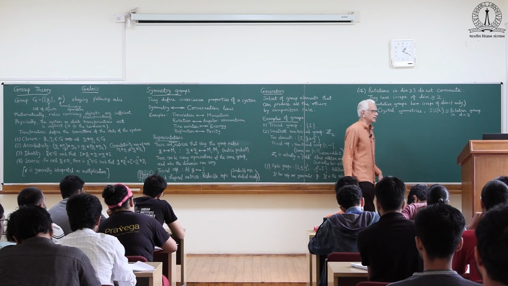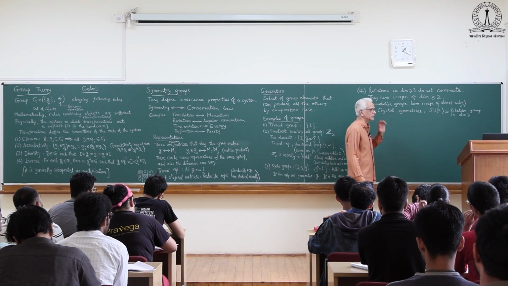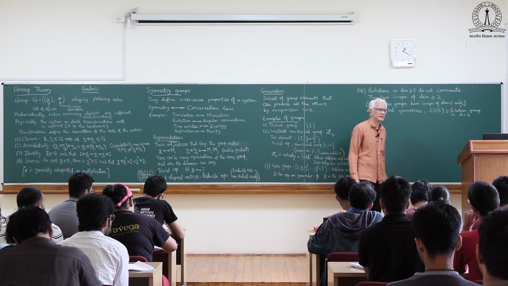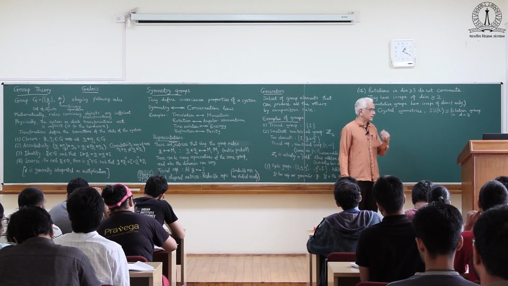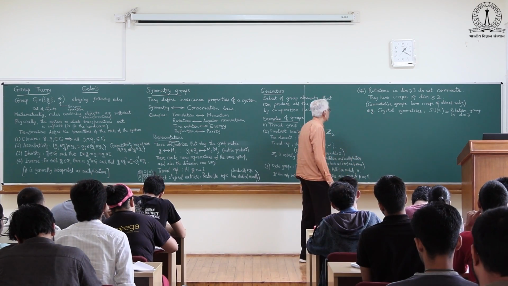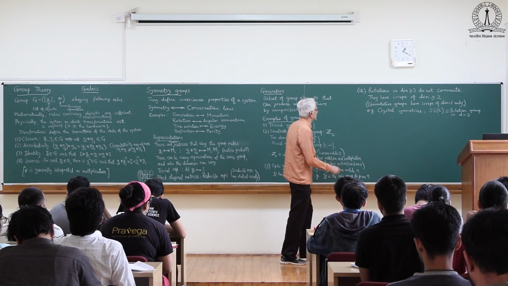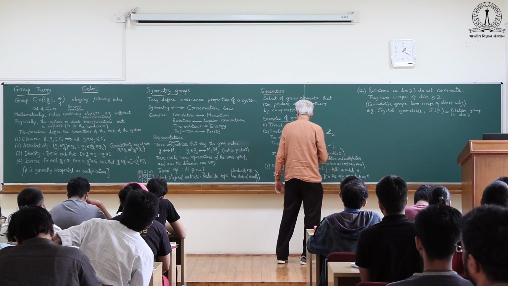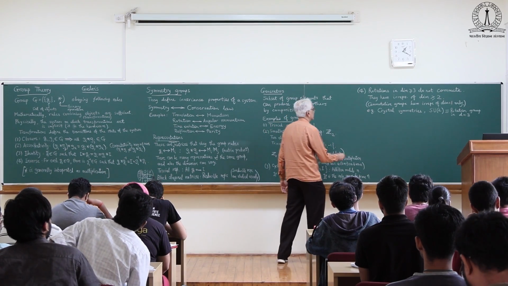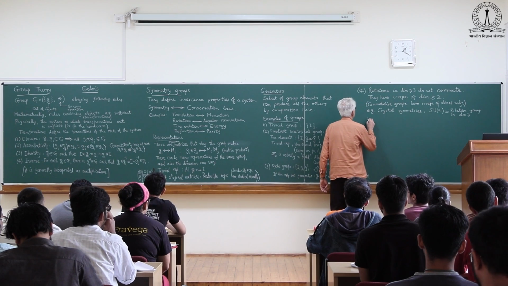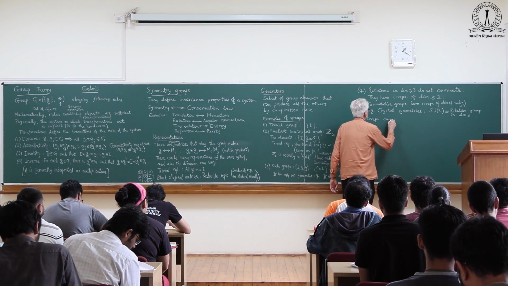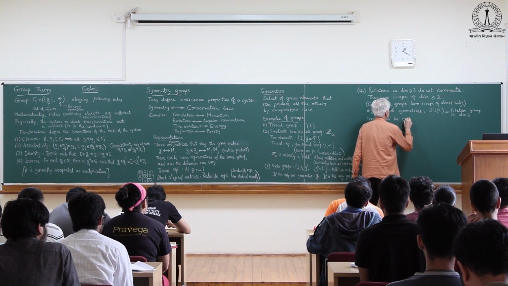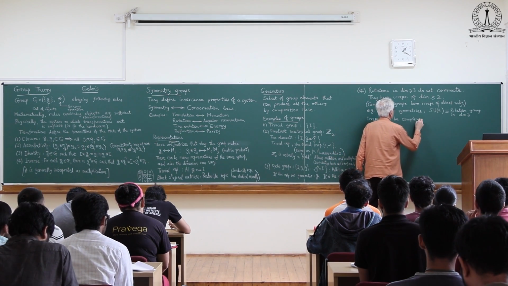And you can keep on adding to this list. It's a vast subject, but I think this is enough for the time being. And yeah, I can point out one thing here, which I said, that these irreps can be complex.